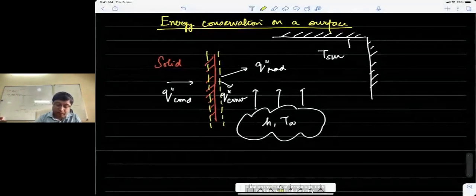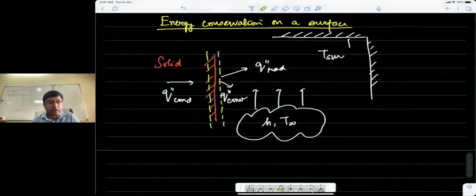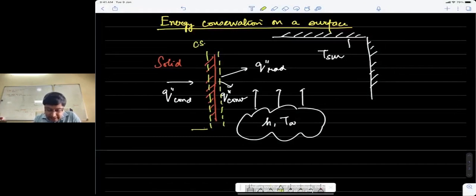So these are the control surfaces of the control volume. Say the thickness is delta x, and let me say the surface area, we are taking it as a plane surface for now, is A, although this won't matter.